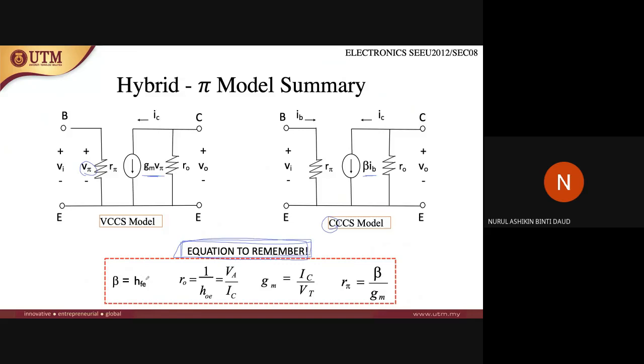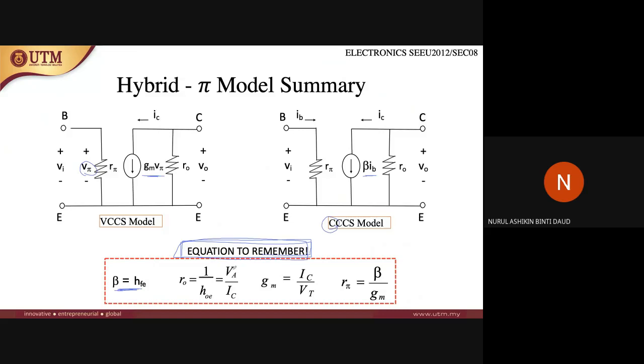So the equations you need to remember for all these parameters: beta equals hfe, which is the relation between the h parameters and r parameters. And then this is RO just now. How to find RO? In h parameters, RO equals 1 over hoe, the output at the emitter.